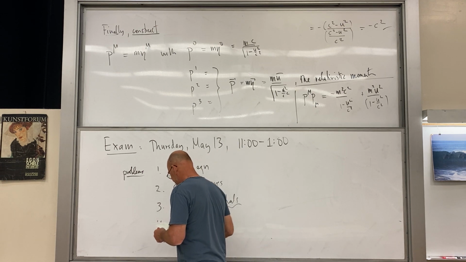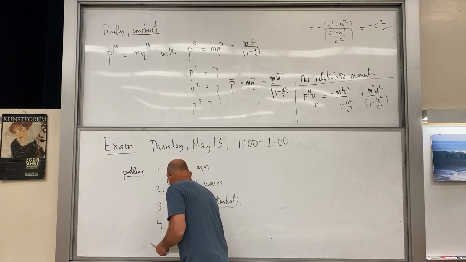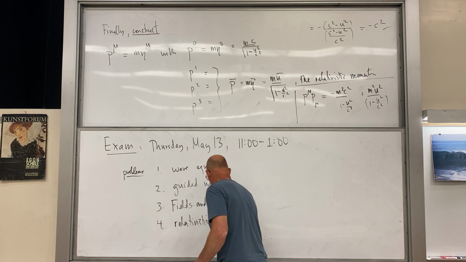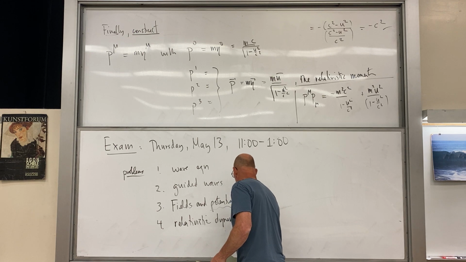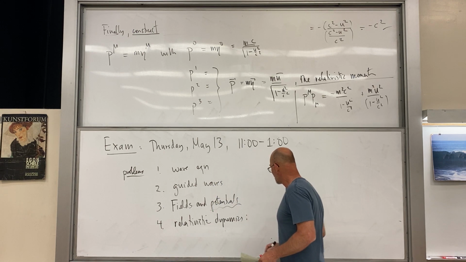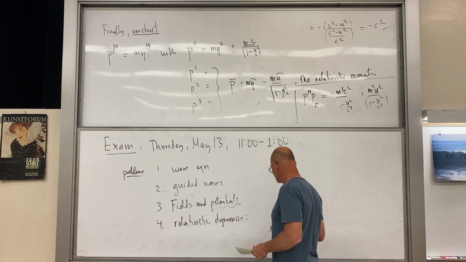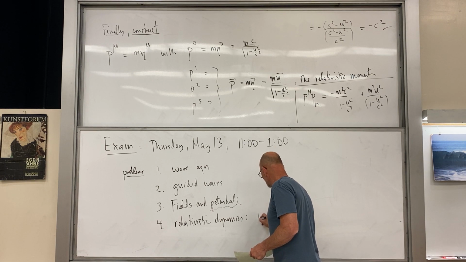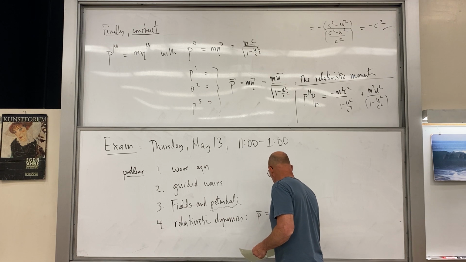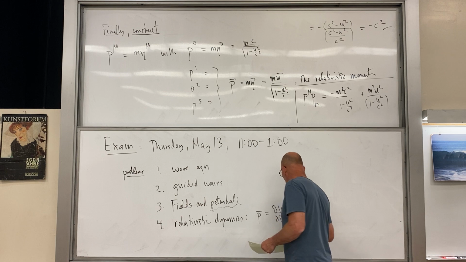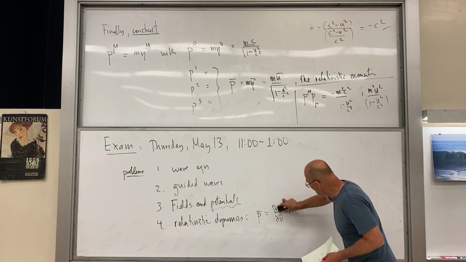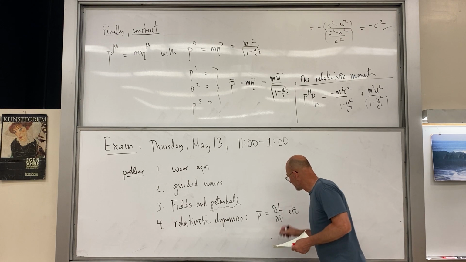And then relativistic dynamics of the type where p equals dL/dv, etc. So where we have those relations, that's not a v, that's an L, right? dL.